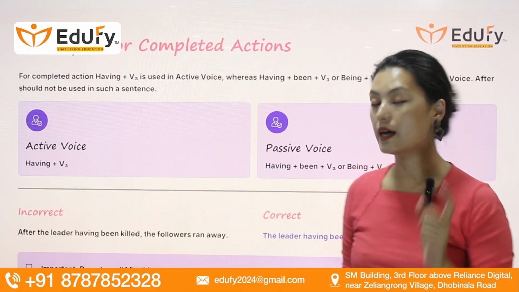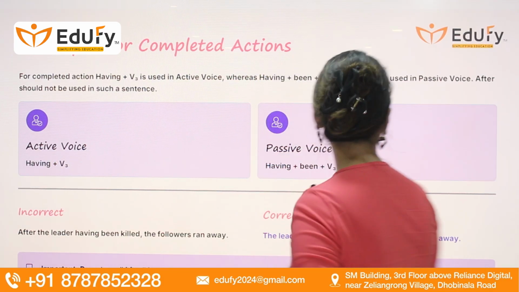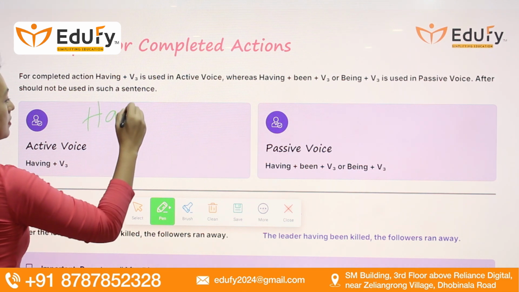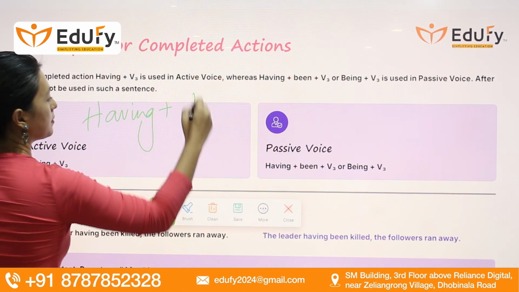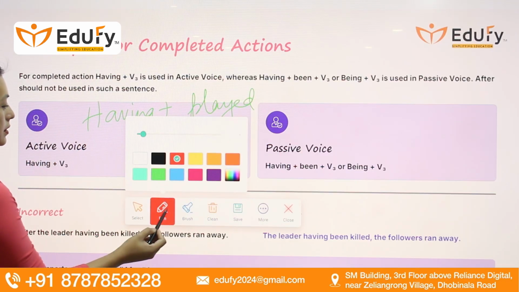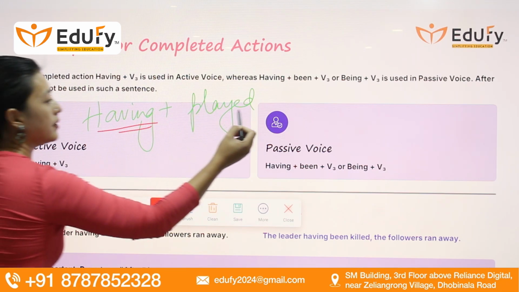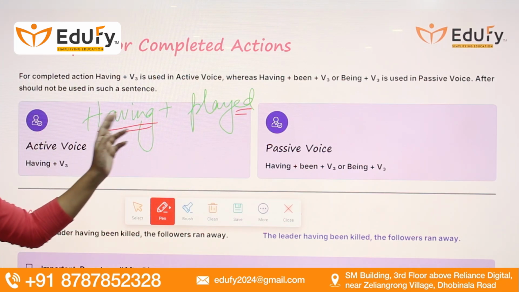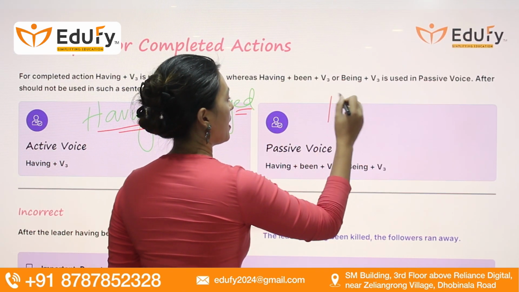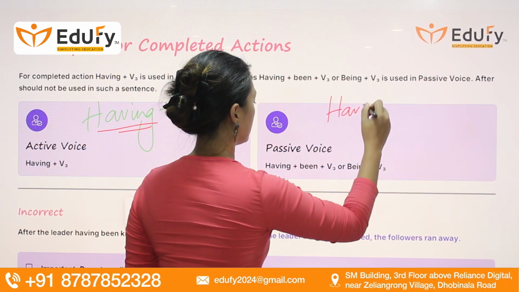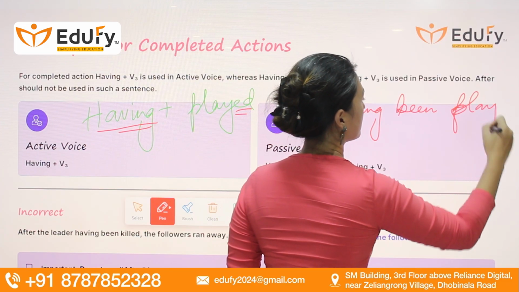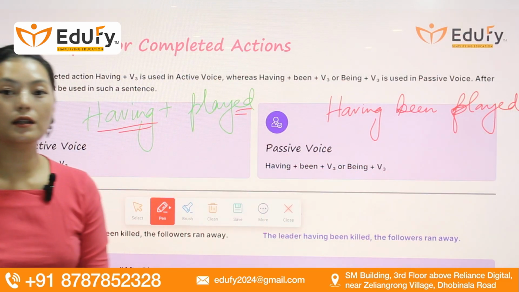In active voice, we have having plus verb 3. So, for example, if I write a sentence, having plus played, what do we have? We have the word having, that is the participle form, and then the what? The third form of the verb, right? If I write having been played, okay, having been played.